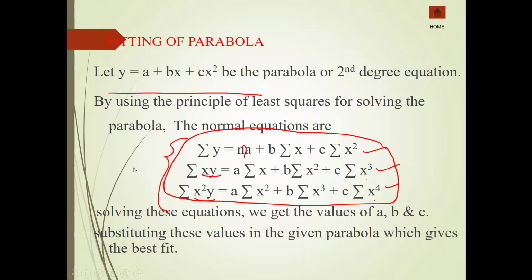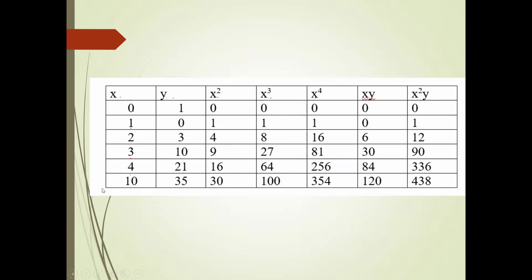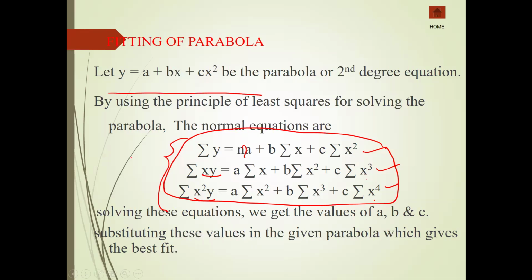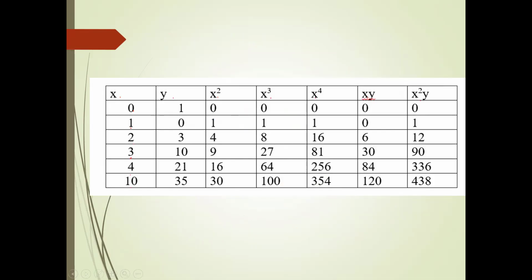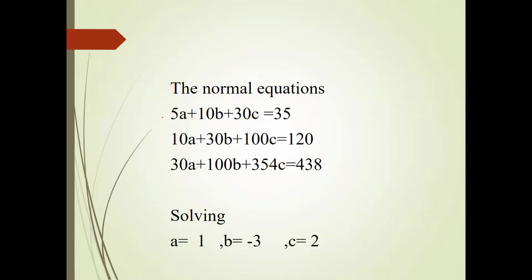See here, ma means 6a. How many values are here? 6 values. So this is 6a.